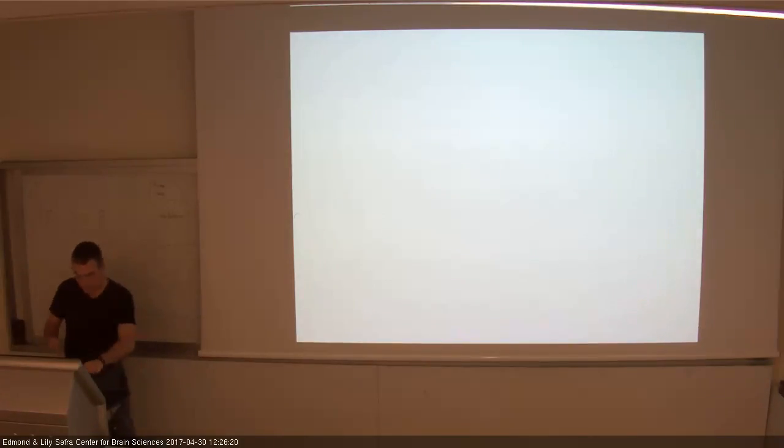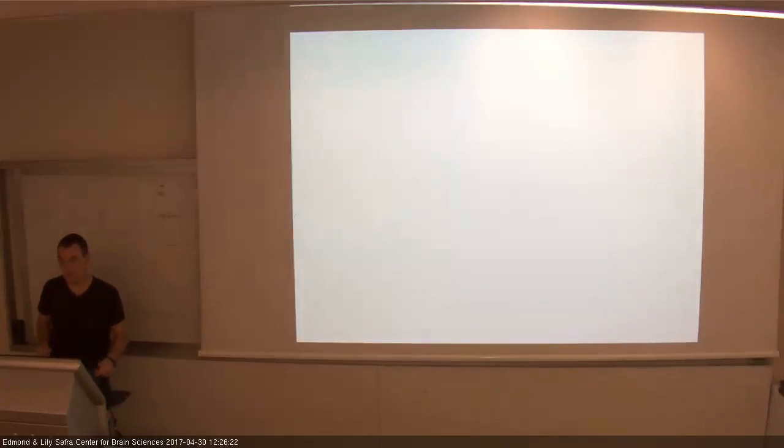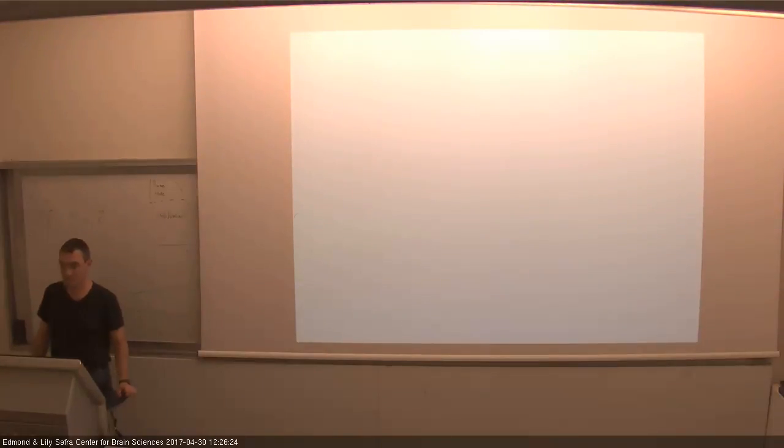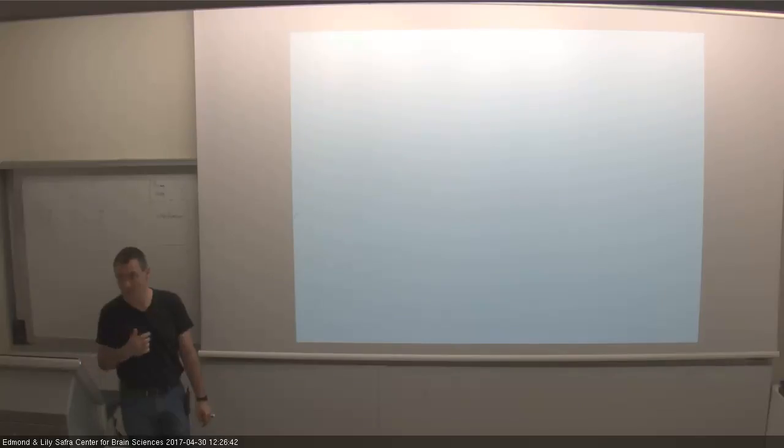Okay, so I'm not sure how this integration relates to what we talked about in the bump. Well, what we talked about in the bump is the fact that a bump exists, and that there's a continuum of locations in which the bump can reside, similar to working memory. So the same idea that we discussed in the framework of working memory and integration also applies here.